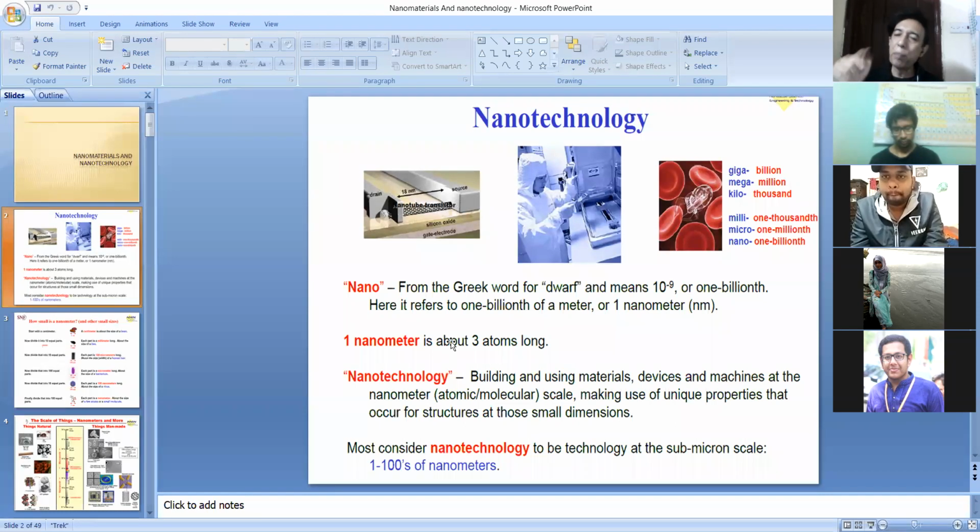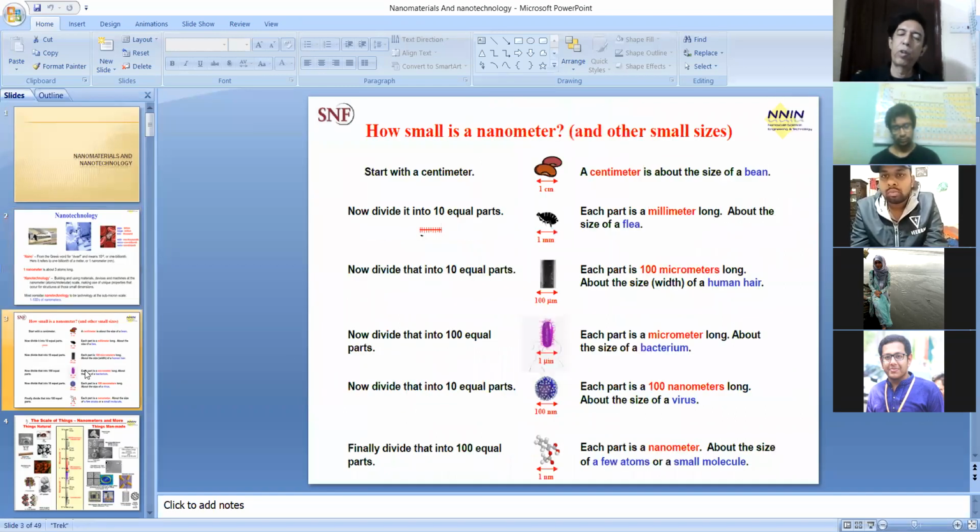In that particle, we'll get about 150 atoms. So this is the definition of nanotechnology and nanoparticles.